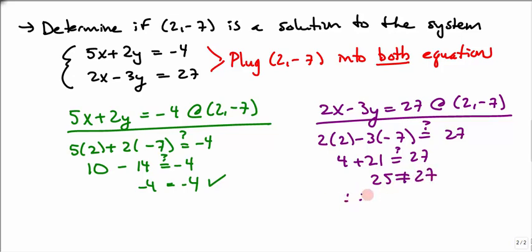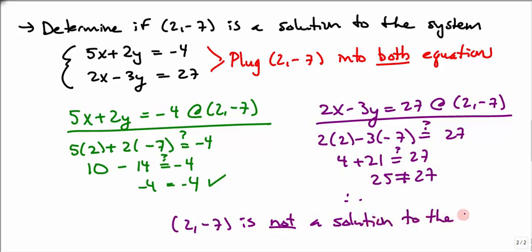Therefore, (2, -7) is not a solution to the system because it didn't work for both of them. It has to work for both of the linear equations, not just one. So (2, -7) is not a solution to that system.